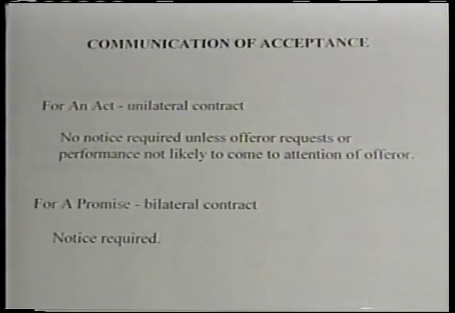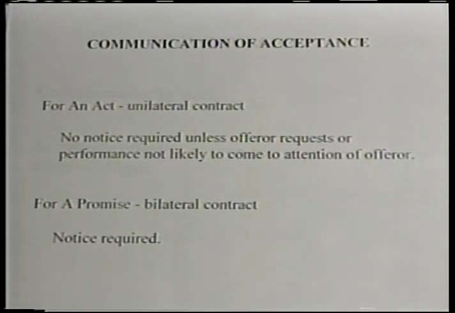It's called bilateral because upon formation, both parties are making mutual promises, and they are bound by those promises. When an offer calls for an act, the doing of the act constitutes the acceptance. The contract is not formed as a general rule until that act is performed. So these are called unilateral contracts. And be clear on the difference between the two.